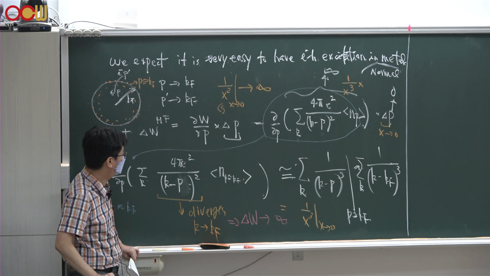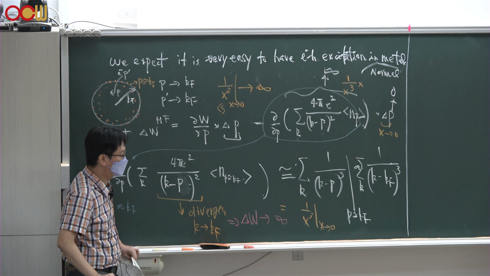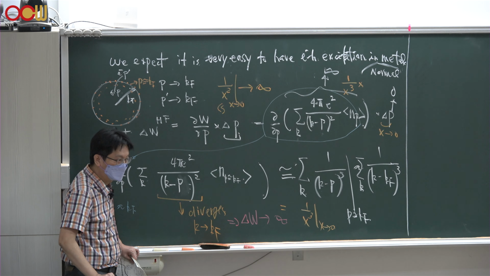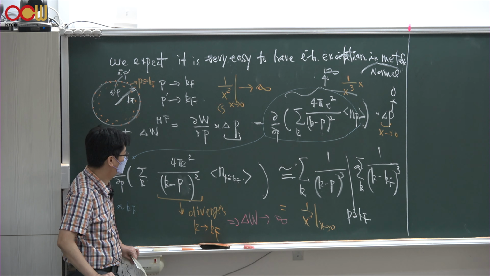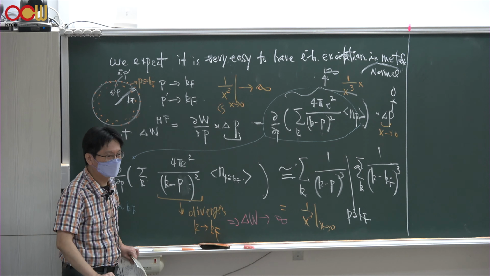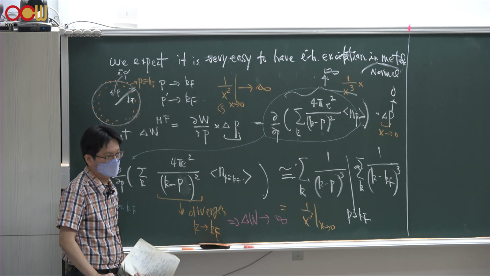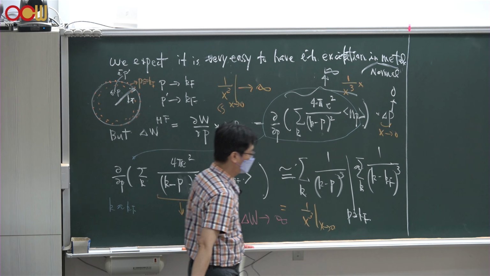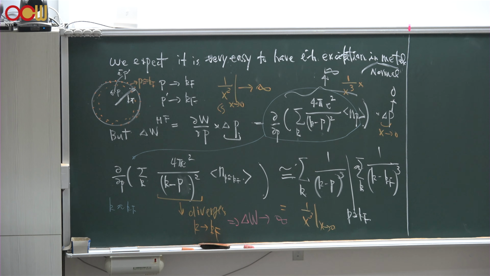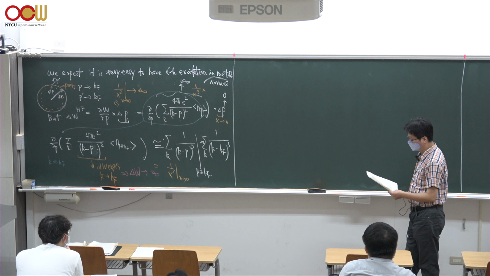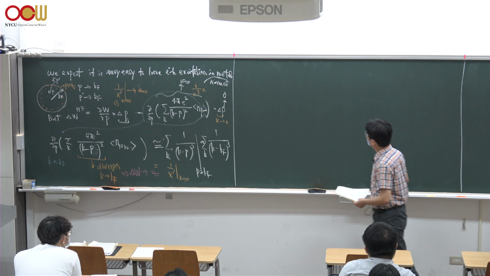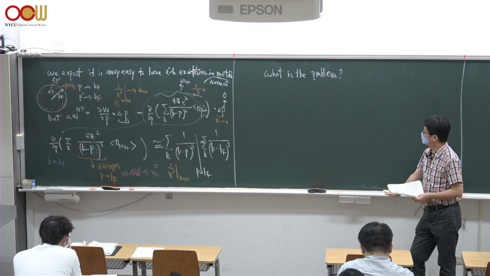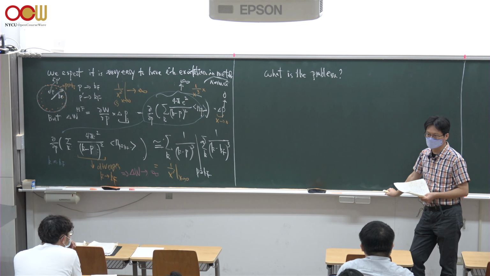How can the Hartree-Fock predictions give us almost the opposite result, that it takes an almost infinite amount of energy to create such an electron-hole pair, which is, of course, totally opposite to what we expect, which is almost costless to create such an electron-hole pair excitation? So what is the problem? What is the origin of this divergence?